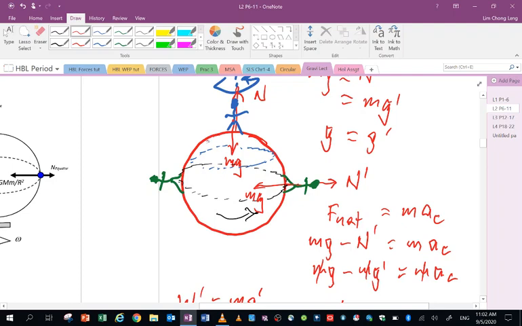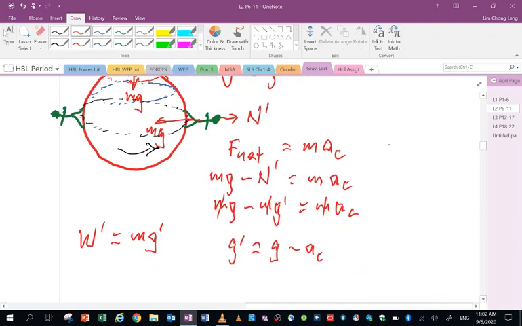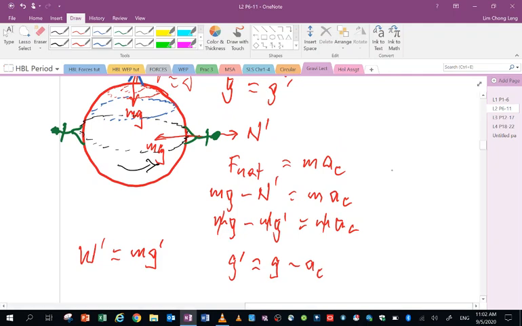As you go closer to the pole, the radius of rotation becomes smaller and smaller until eventually at the pole, the radius is 0. Remember, this centripetal acceleration a_c is equal to r omega squared.